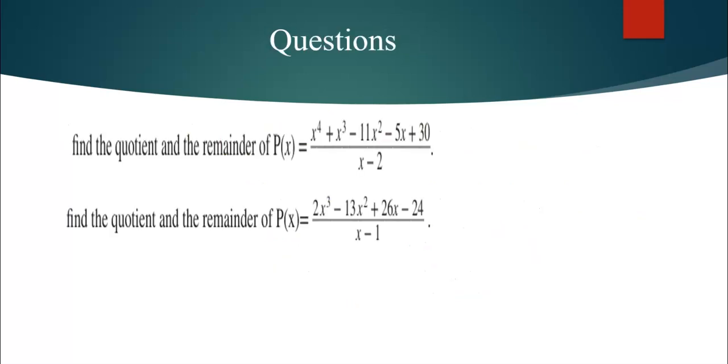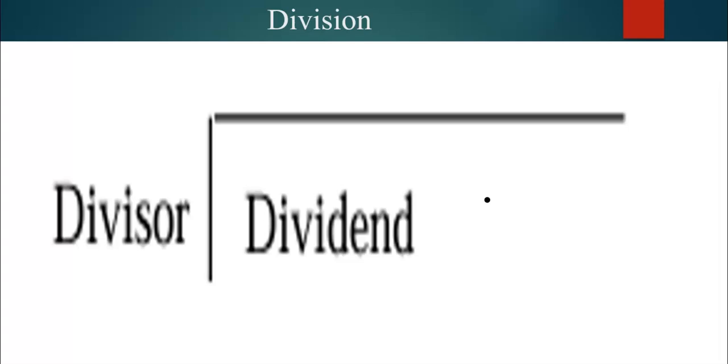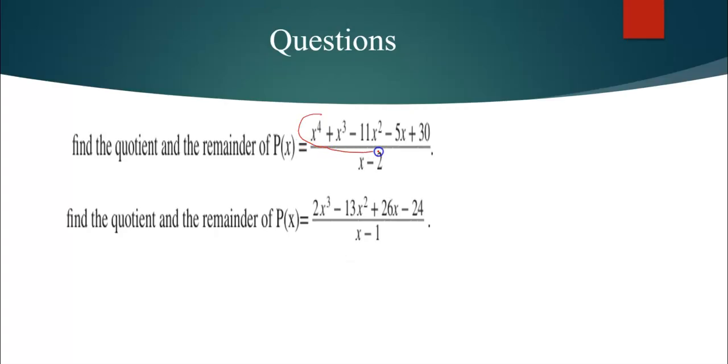Like I said earlier on, we can divide polynomials. So let's look at how to divide. Now, anytime you are dividing polynomial functions, there are parts that we need to know. We call the numerator the dividend.